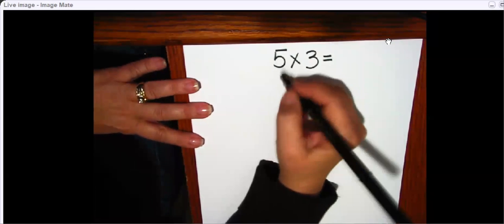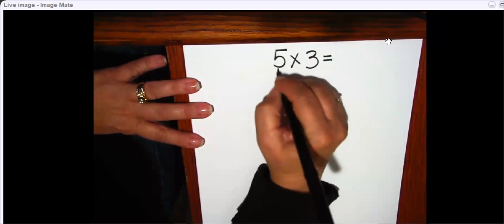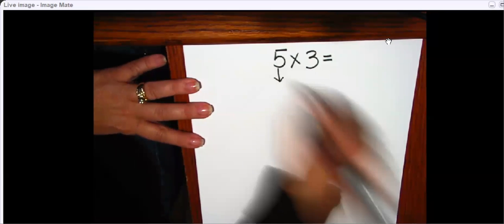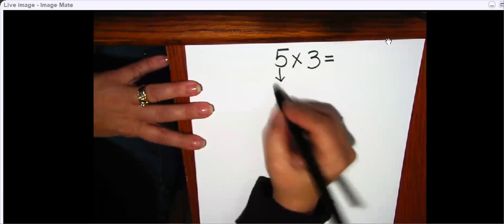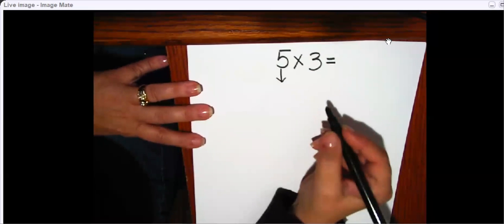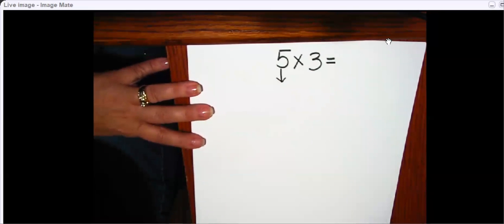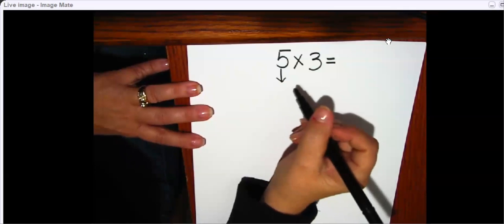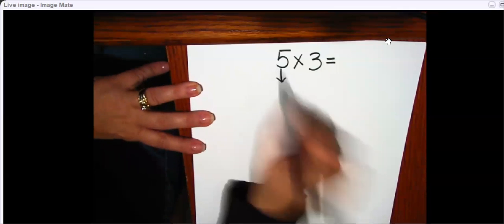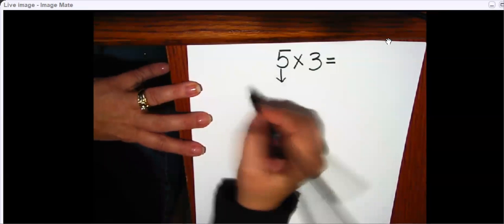And so understanding it is knowing that the first number here in a multiplication problem tells us how many groups we have in a multiplication problem. So this number right here tells us that we have 5 groups.